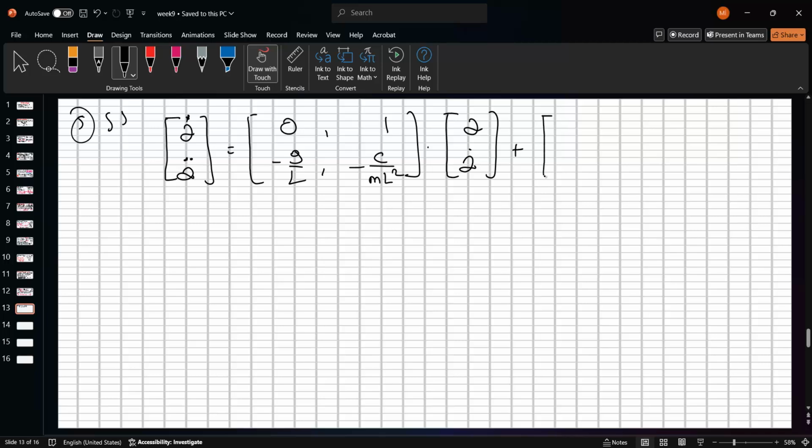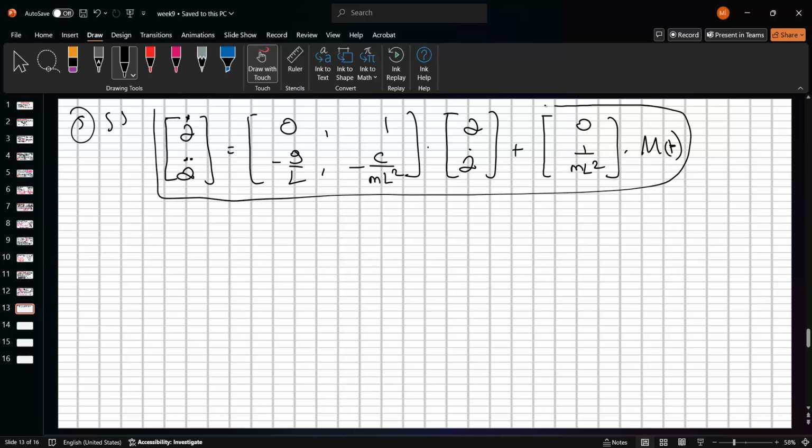Plus 0, 1 divided by ml squared times the moment. Okay? This is equal to Z1 dot. This is equal to Z2 dot. This is equal to Z1. This is equal to Z2. See? This is the case. And so this is the state space formulation of these terms.